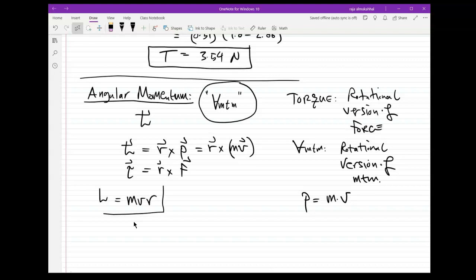This is the one that you should know very well. You deal with more problems that require this version, MVR, okay? So that's the mass, velocity, and radius of rotation.